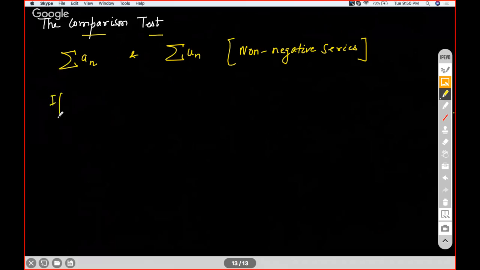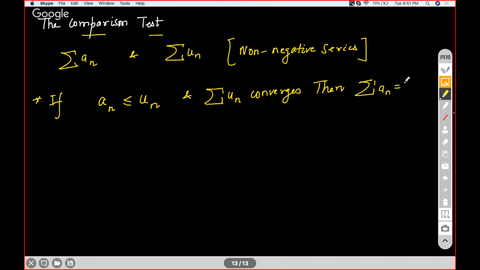If an is less than or equal to un, and it's known that un converges, then it automatically implies that an will also converge.